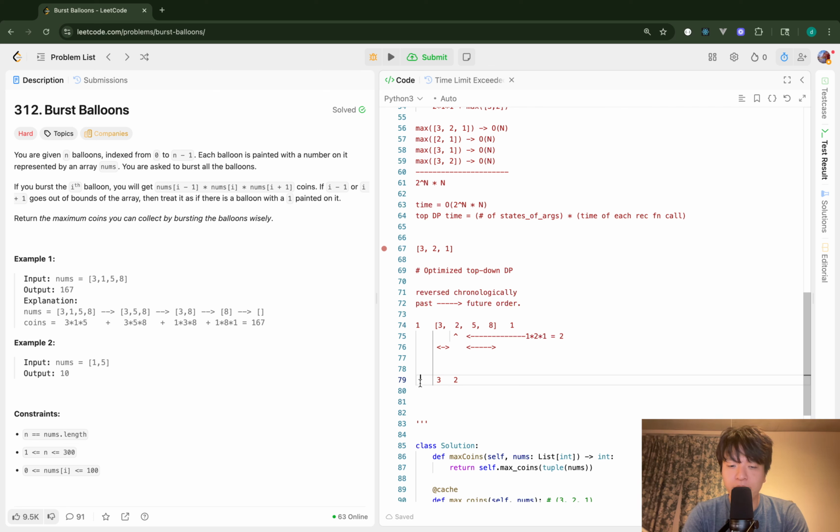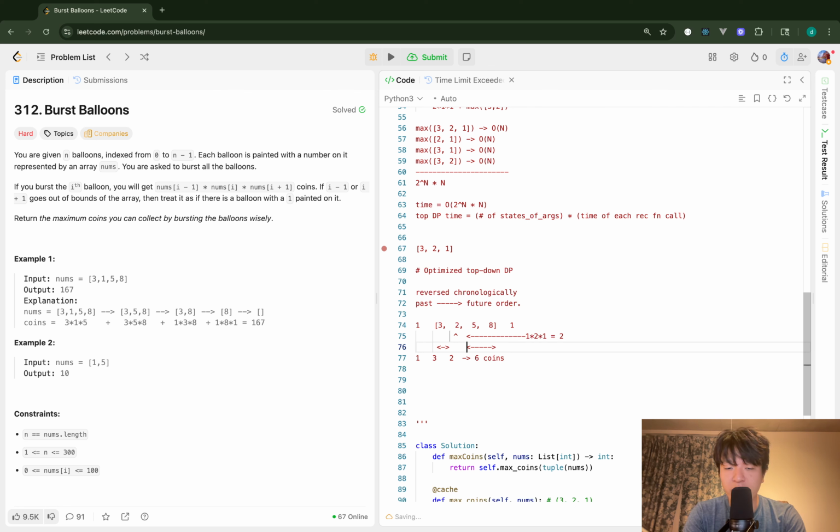It is 1, because there isn't any number remaining here, or I should say it actually never exists. There is no number on the left side of 3, so I will think of 1 instead, as written here. If it goes out of the bounds of the array, then treat it as if there is a balloon with the 1 painted on it. Yeah, I will think of 1 here as a fallback. So I can think that this should be 1 times 3 times 2 is 6 coins from this range. Good.